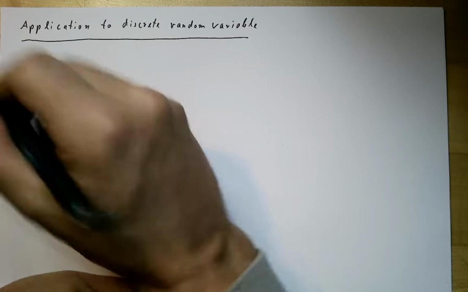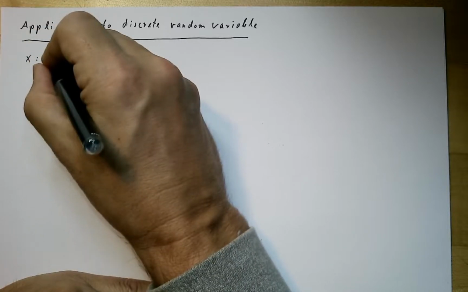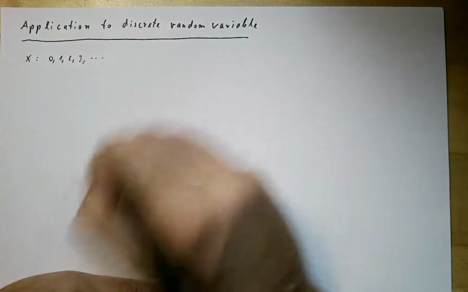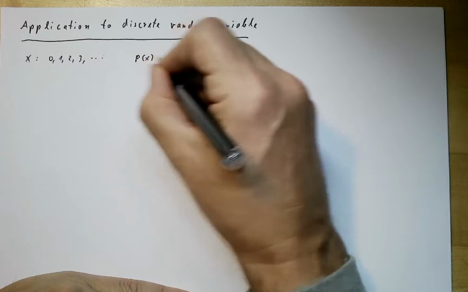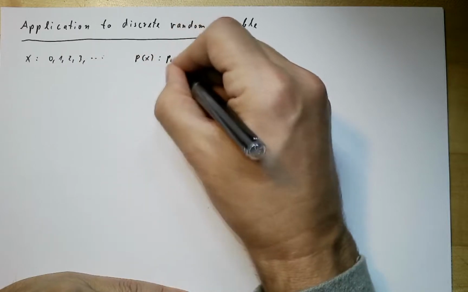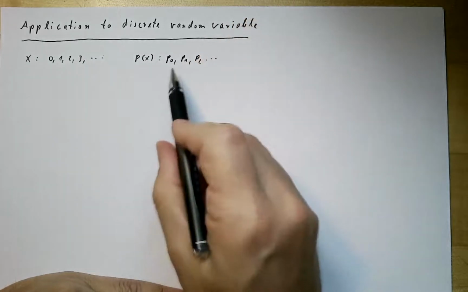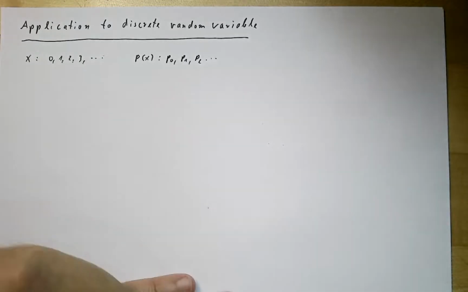So we have a random variable x, which goes from 0, 1, 2, 3 and so on, and we have the corresponding probabilities. So we have p0, p1, p2 and so on. That's the probability that our random variable has a certain discrete outcome.